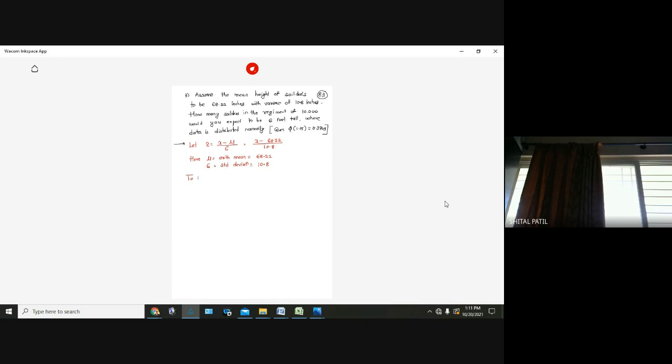To find, what is our aim, find number of soldiers having height more than 6 feet. 6 feet means 72 inches.